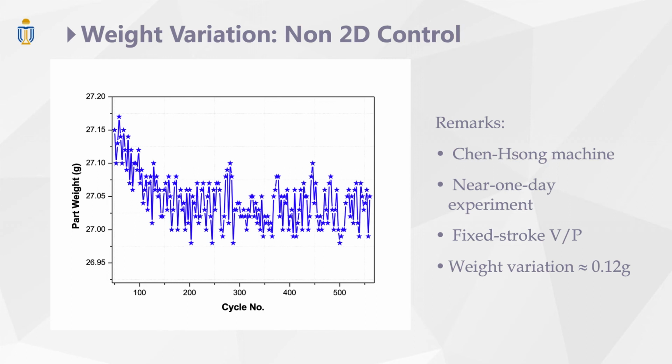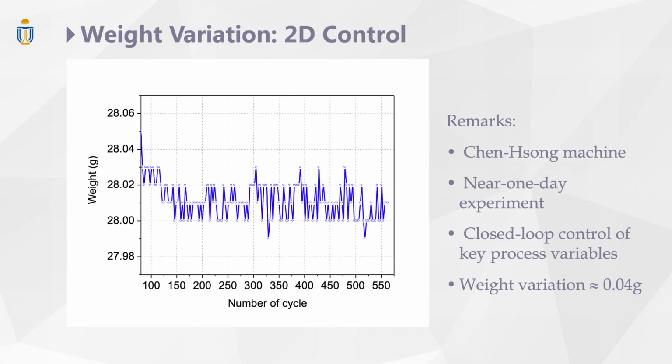The weight variation here is about 0.12 grams. For the same machine using our control strategy, you can see the weight is controlled very precisely with this 2D control. In this particular case, the weight variation was reduced three times to 0.04 gram.